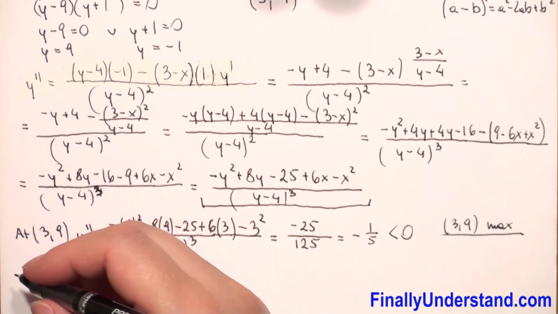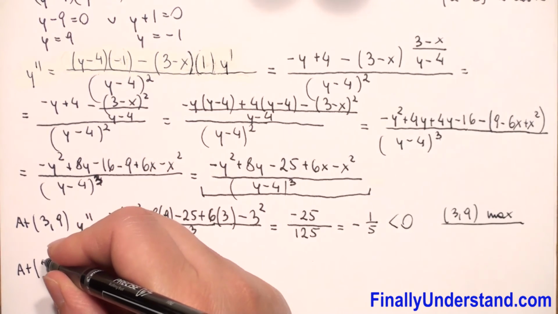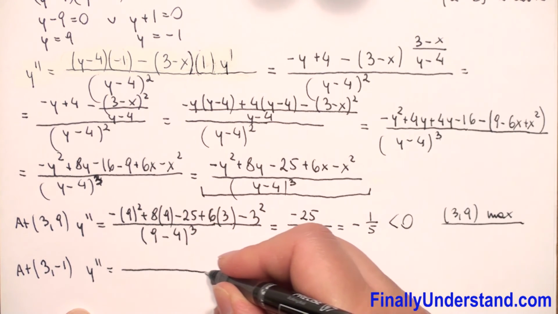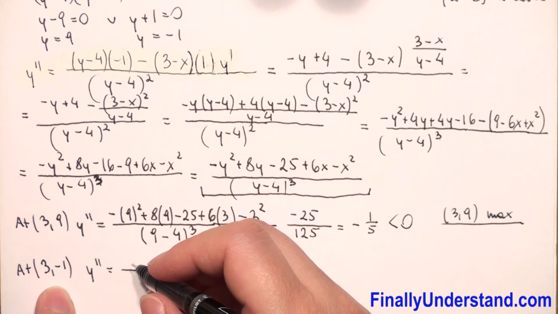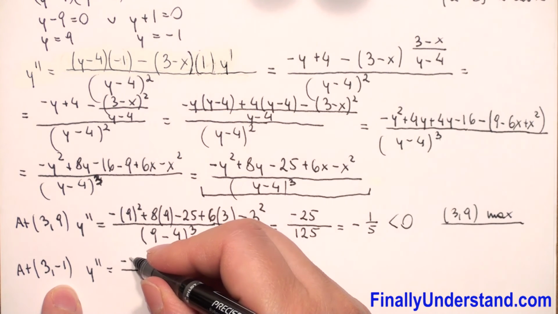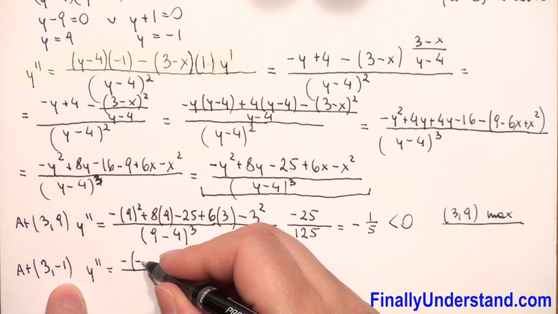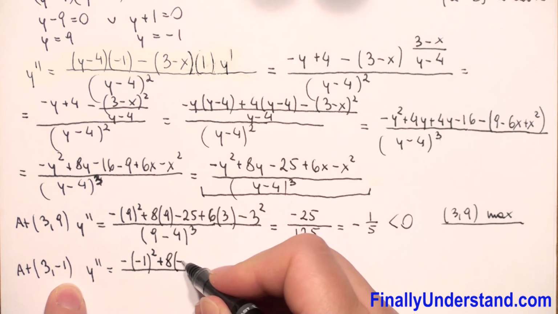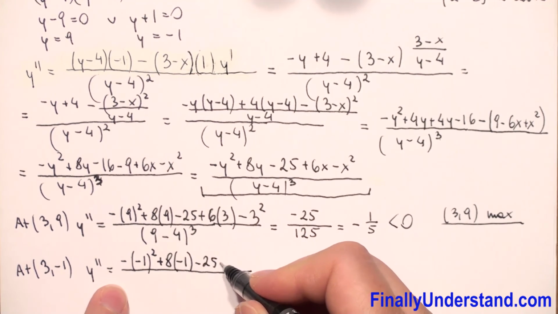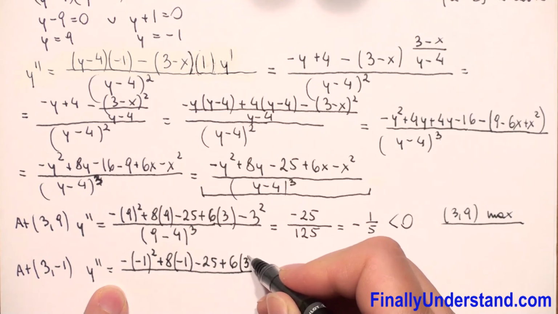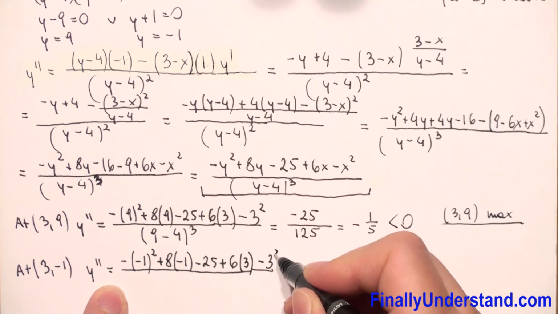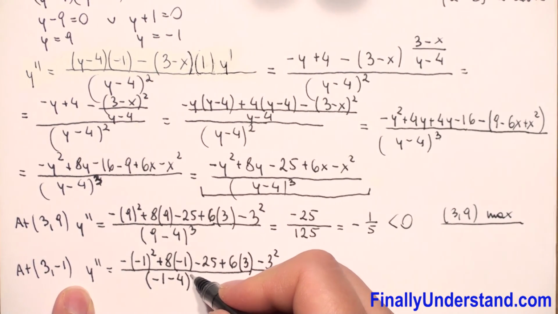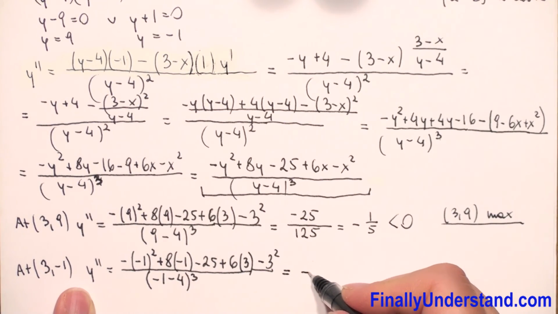Now we have to do the same for point (3, -1). y'' is equal, now I will replace x by 3 and y by -1. So we have negative, and in parentheses we have (-1)^2 + 8 times (-1) - 25 + 6 times 3 - 3^2 over (-1 - 4)^3.